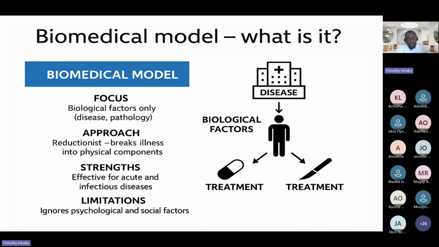And like I said, it's probably highly effective for acute conditions and provides a clear diagnostic and treatment pathway. And the picture there shows a person. Basically, your option is either you take a medication or you go under the knife, or whatever.